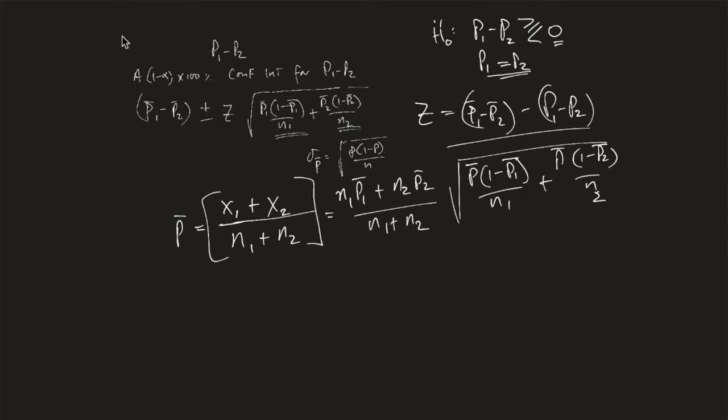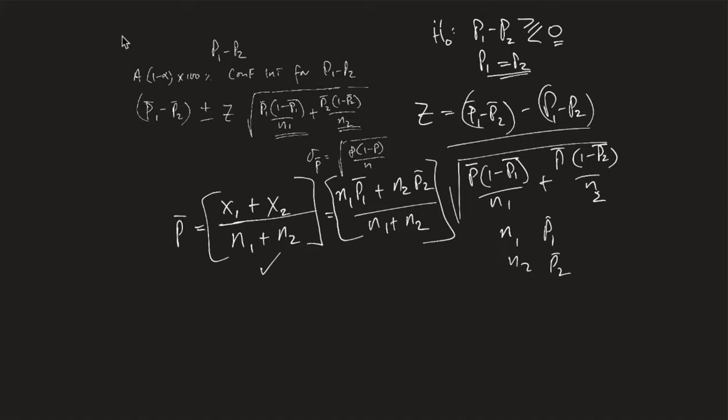If we actually have the amounts that we use to calculate our proportions, then fantastic, we use this one. But if all we have is n1 and p bar 1, n2 and p bar 2, but we don't know the actual numbers, or we're not given those, then we just use n1 times p bar 1 and n2 times p bar 2.